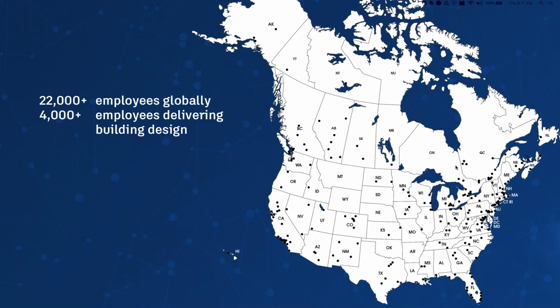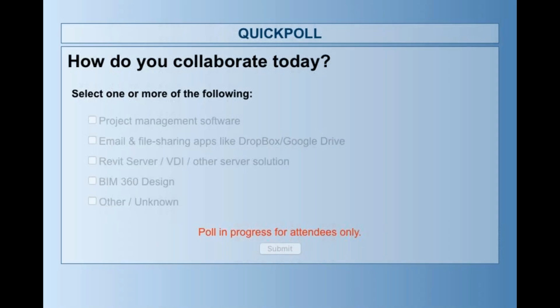Robert talked a little bit about their expanding need to move files around and have people access data and information within a project. So we wanted to get some context for the attendees, and see if that's a pain point you can relate to, based on how you happen to collaborate. I'll just let this run for a minute, and once it looks like we've got a good percentage of people having voted, we'll move on.